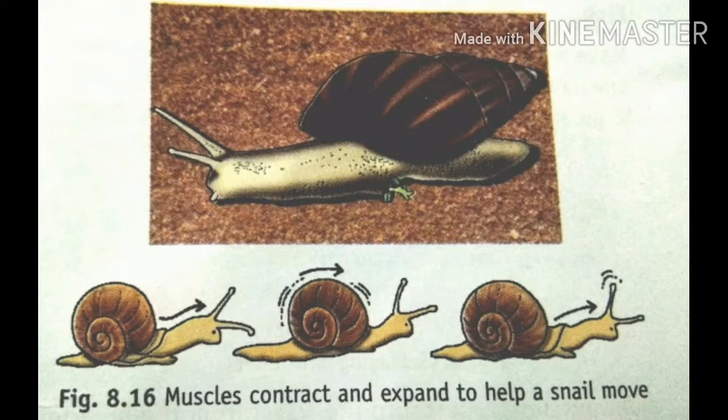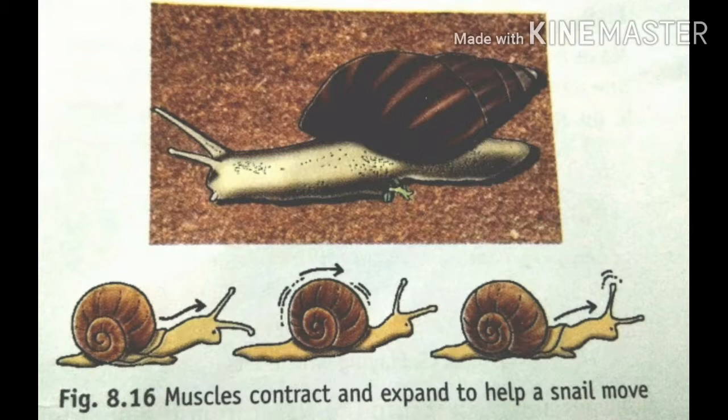Movement in snail takes place by a muscular organ called the foot. It produces the mucus. Mucus is a jelly-like substance, a jelly liquid, that helps them move easily. When a snail has to move, its foot comes out of the shell through an opening in the shell. It produces mucus so that the animal gets a smooth surface to crawl.